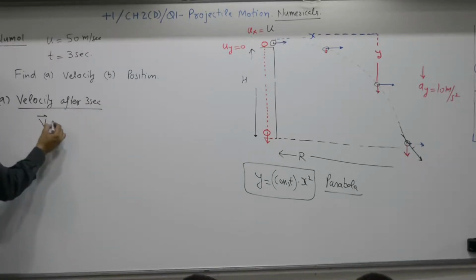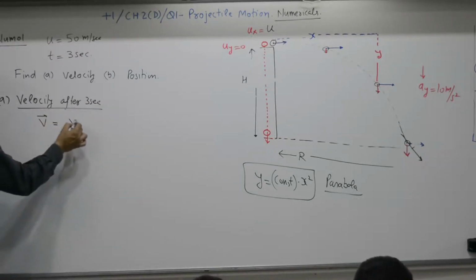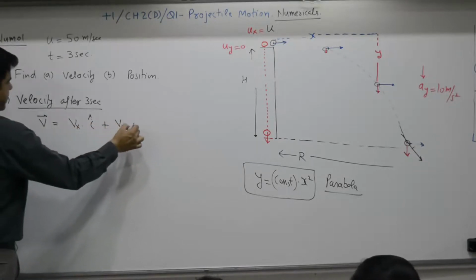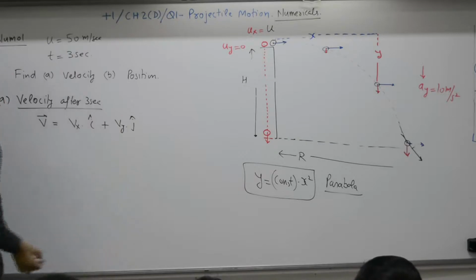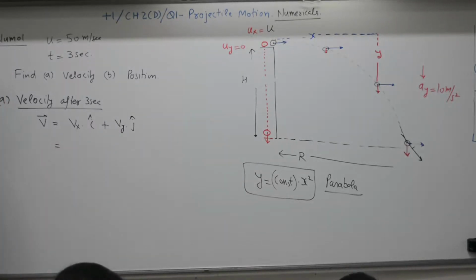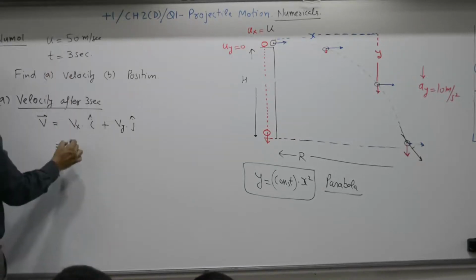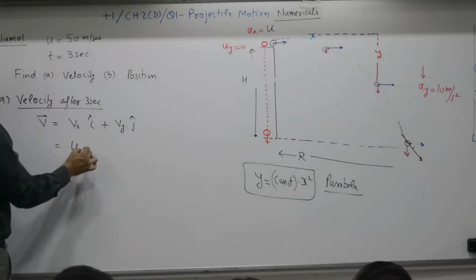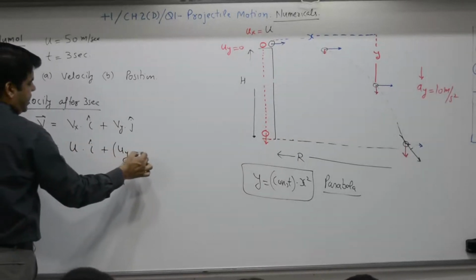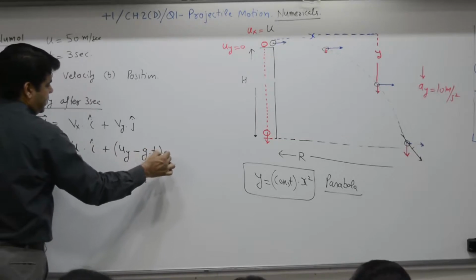V after 3 seconds is equal to Vx plus Vy. Vx, horizontal velocity remains the same, is equal to u. Vy, uy minus gt.